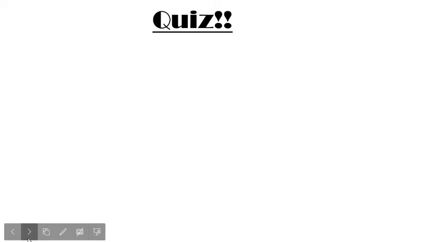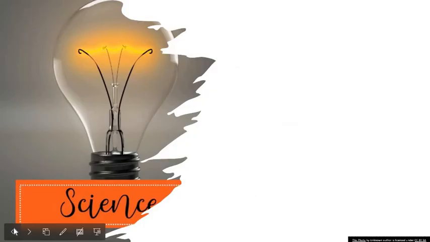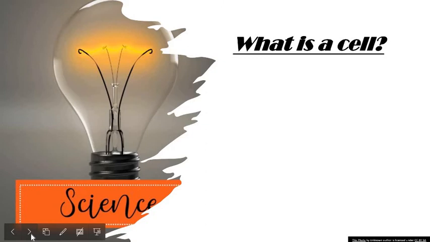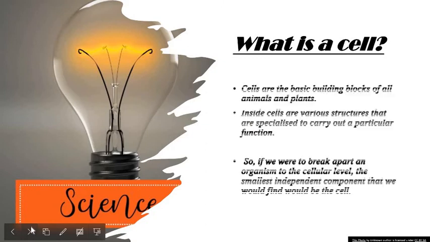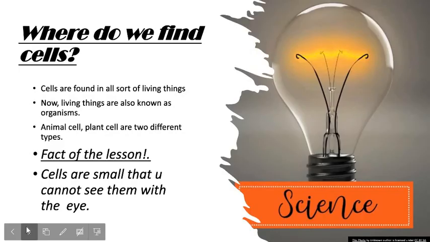Every time I have a quiz, but before we go into the quiz, let's revise one more time. I like to revise. So what is a cell? In simple words, it's a basic building block of life. It's found in every single living thing. Cells are found in all organisms. Organisms are living things. Animal and plant cells are two different types.